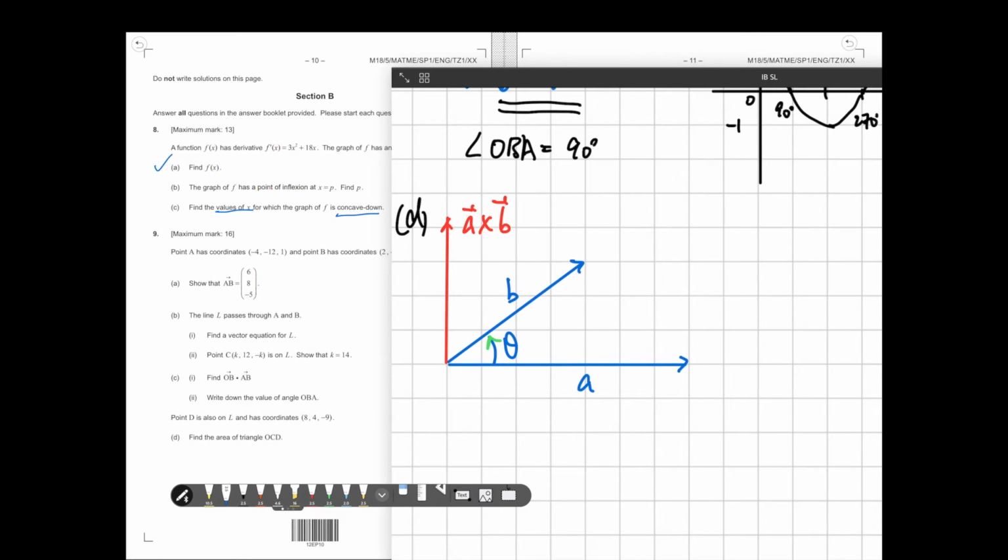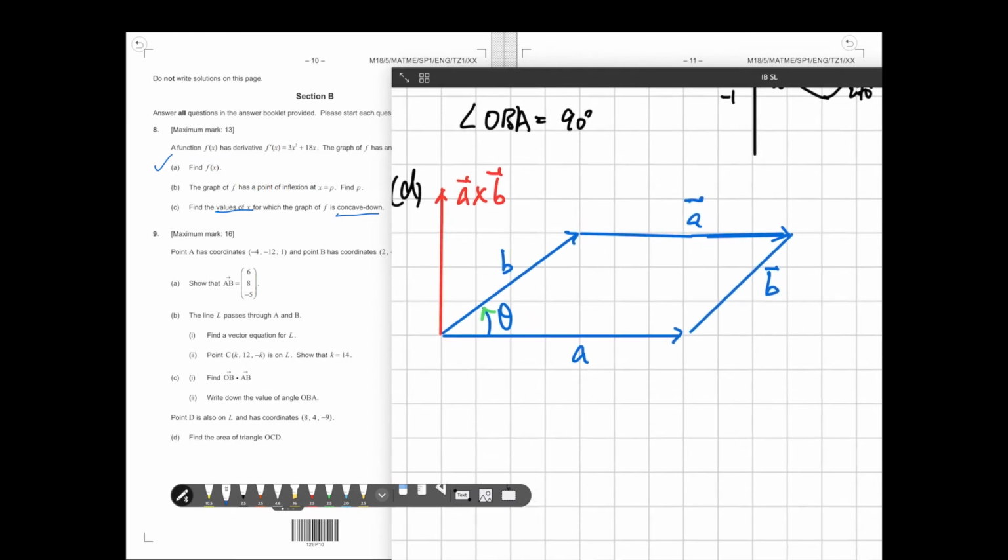And these two vectors can be translated to here, that is B, that is A. So we can find this area. When the vectors cross together, we can find the area of that.